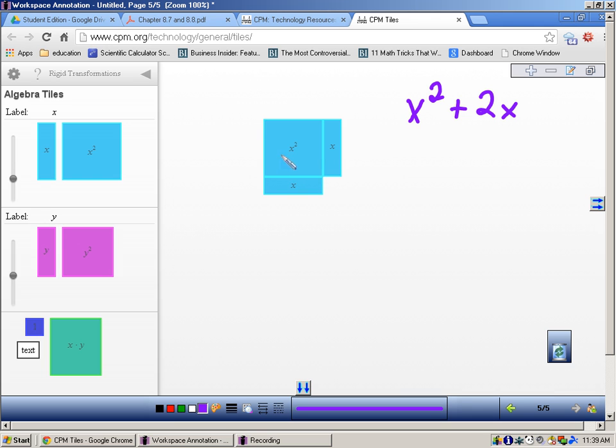Understand? Now, let's go one step further. Since I know that the shape has an area of x squared plus 2x, I wonder if I can fill in this small little piece here to complete it so that it's just one square. I wonder if that's possible. Well, let's find out.